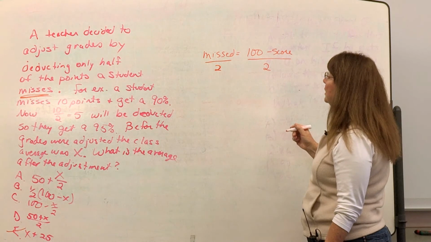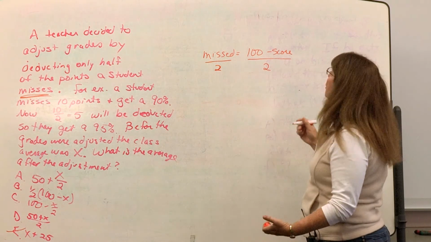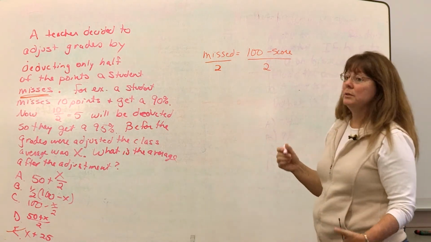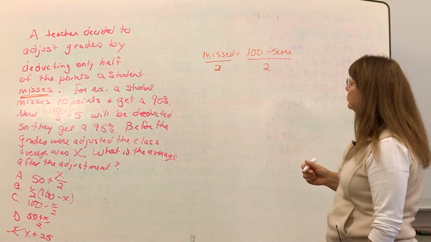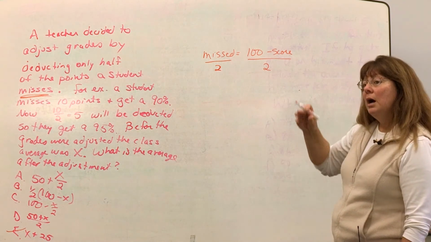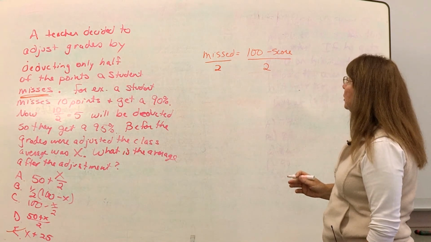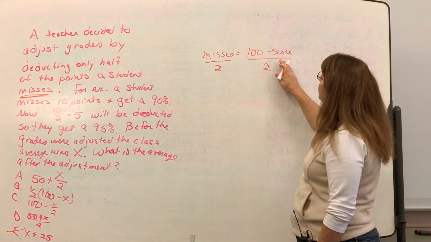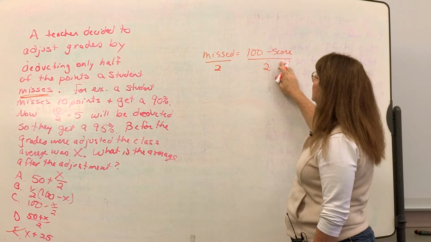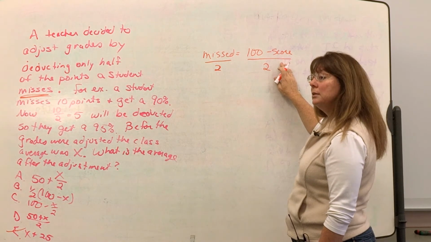My average is that unknown value or my unknown score. I don't know what the score is, so whatever that score might be, I'm looking at all those scores together for my average. So this is how many points get added back on to my average.